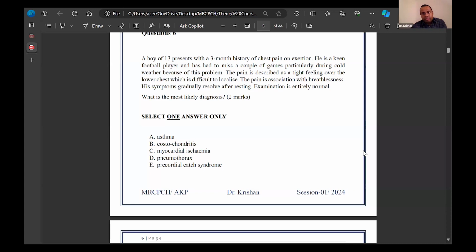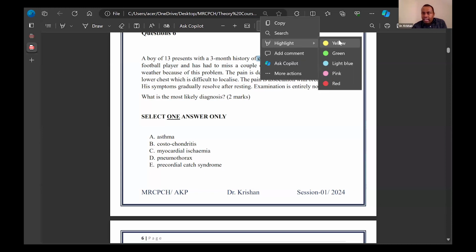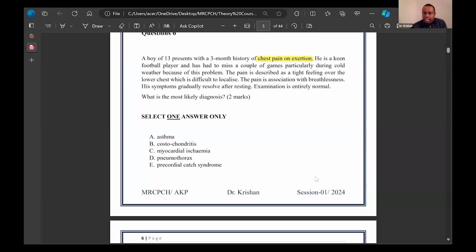Yes. Now here, it's again a 3 month history of chest pain on exertion. So we need to think about a cardiac problem or respiratory problem, that is when you get chest pain while exertion, right? And he has missed a couple of games, particularly during cold weather or winter months.